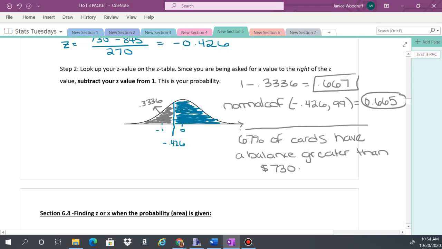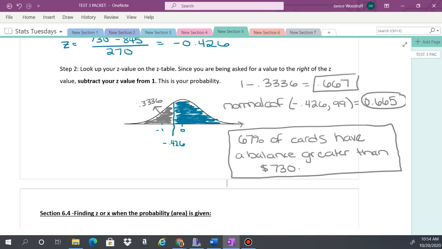Okay, that's what that means in context. Okay, so if you thought about that from a liability standpoint, say there's 1,000 card holders.